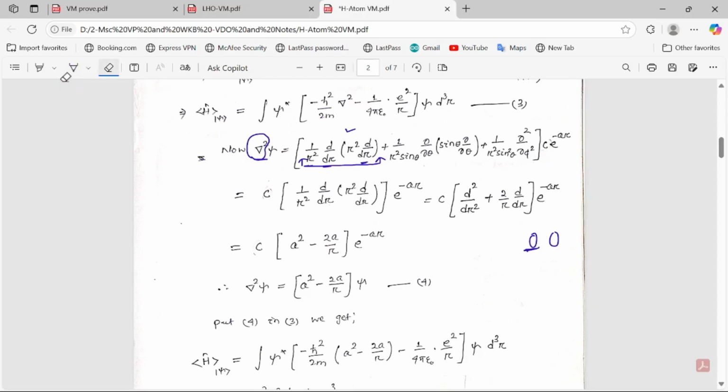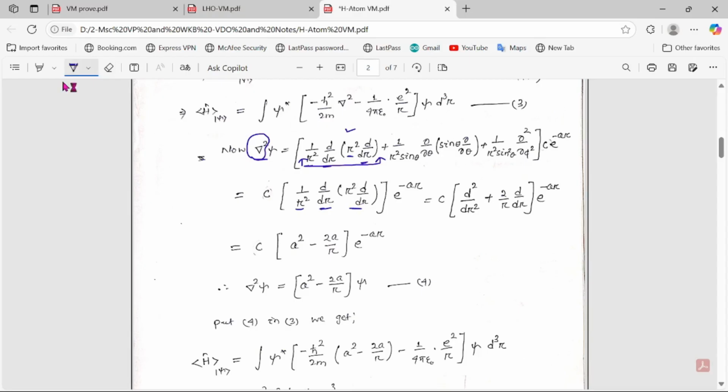That is calculated over here. See, 1 by r square d by dr, r square d by dr. The constant c is taken outside, so this operates over e to the power minus ar. Now 1 by r square d by dr into r square d by dr is very simple.